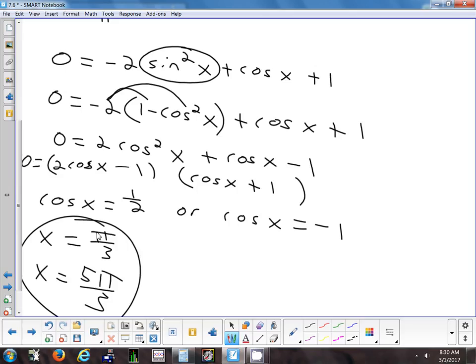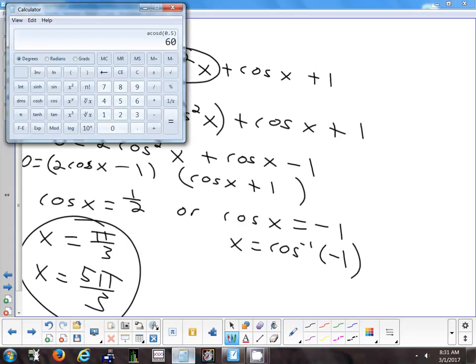Okay, any questions on that? All right, you guys tell me how to do the second one. Inverse cosine of both sides, so x equals the inverse cosine of -1, which would be pi.